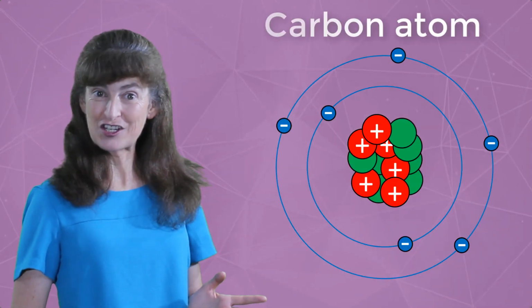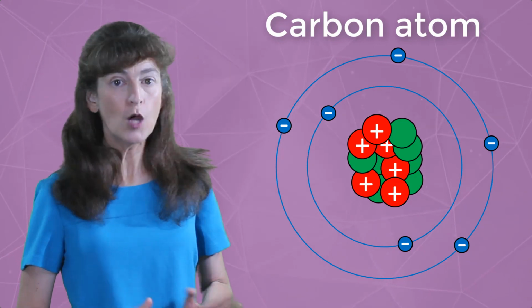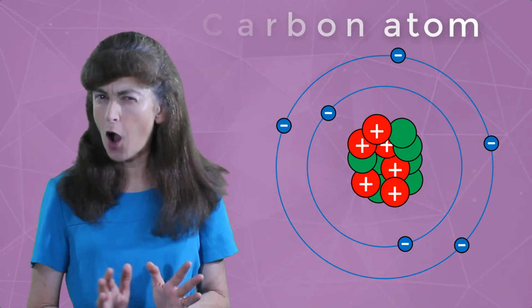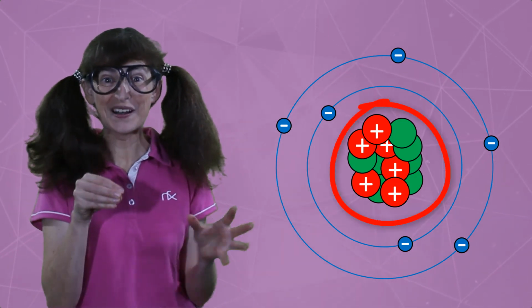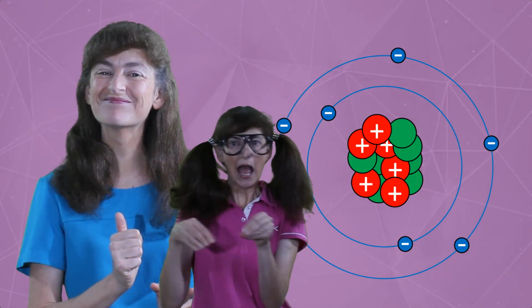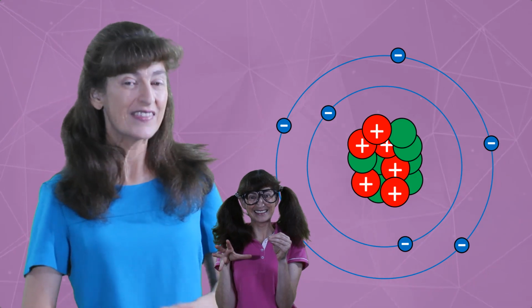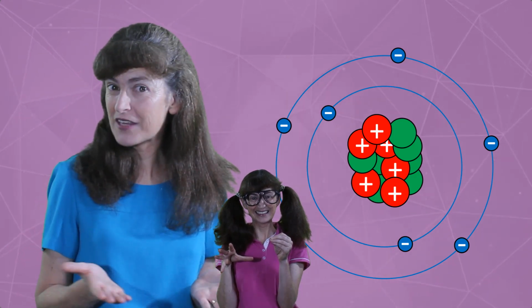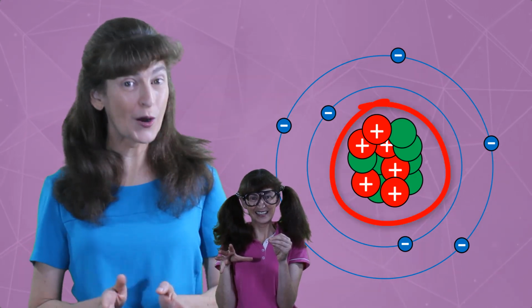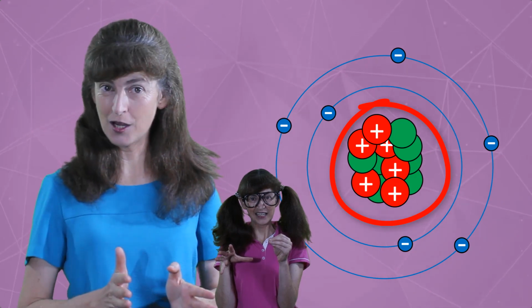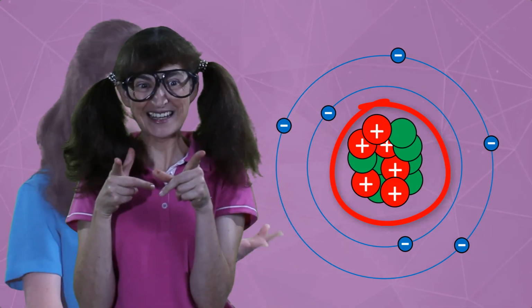Here's a representation of one atom of carbon. We know that an atom is made up of protons and neutrons in the middle, the nucleus, and then there are electrons spinning around that. We also know that basically all the mass of the atom comes from the protons and neutrons, which are collectively called nucleons.